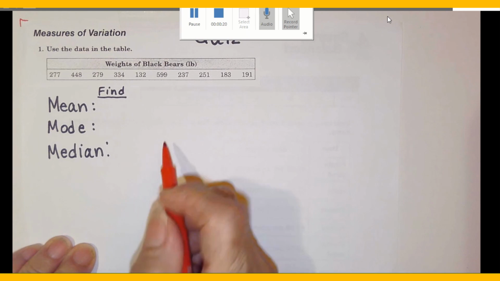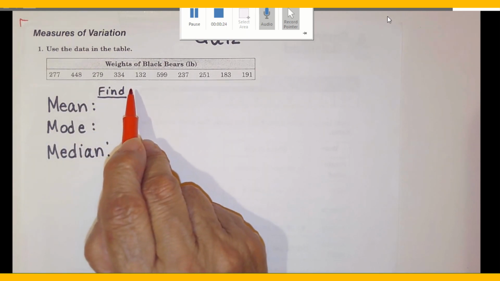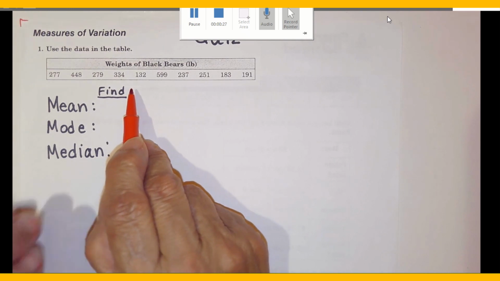So I'm going to look for my lowest number here. We have 132.